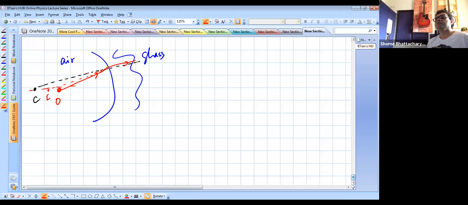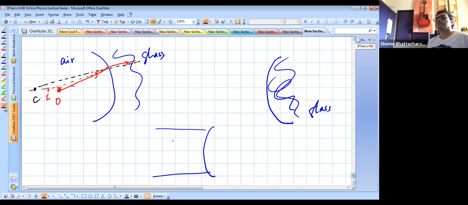So this is one case. Then similarly, you could have a case where you have a convex surface, with the denser medium, a reverse of what we discussed just now. We have water over here and air on this side. The center of curvature is here.